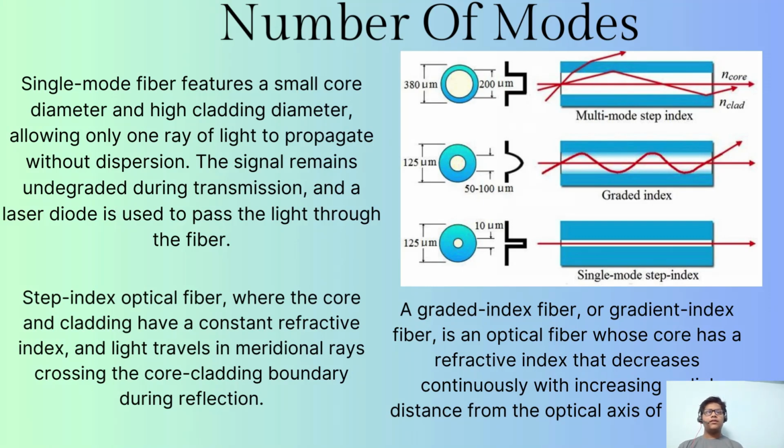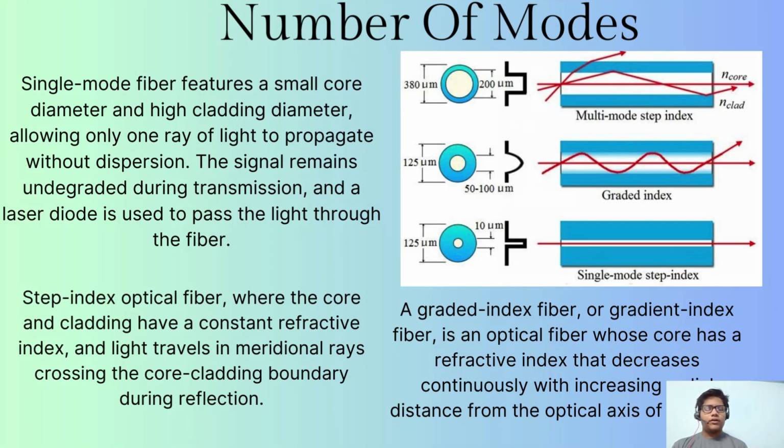Let's now understand classification of optical fibers based on their refractive index. They are classified into two types: step index and graded index fibers. Step index optical fibers show a distinct change in the refractive index between the core and the cladding, which helps the light wave move in a straight path, experiencing minimal dispersion, and they're commonly used for long distance communication.